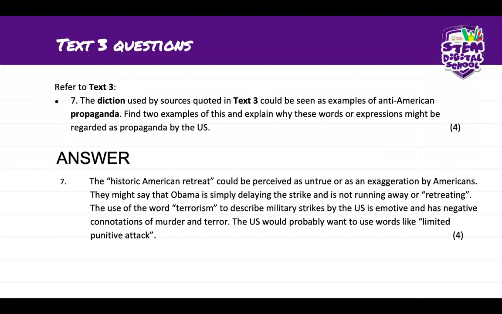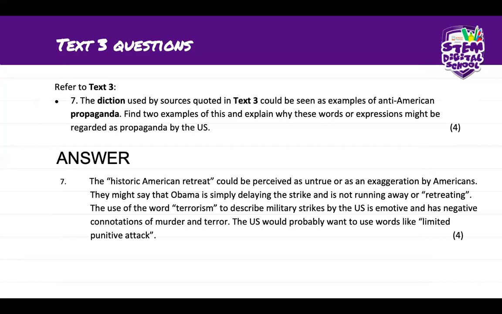It says, the diction used by sources quoted in text 3 could be seen as examples of anti-American propaganda. Yeah, okay. Find 2 examples of this and explain why these words or expressions might be regarded as propaganda by the US.